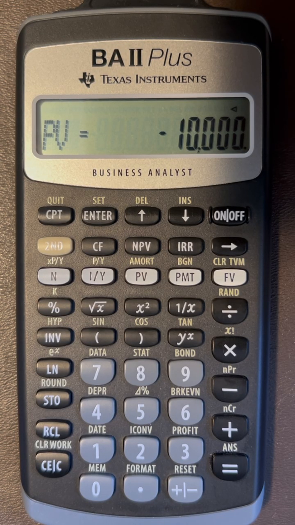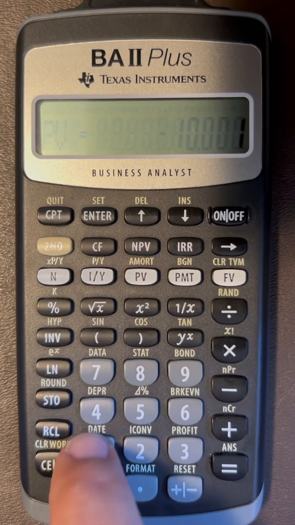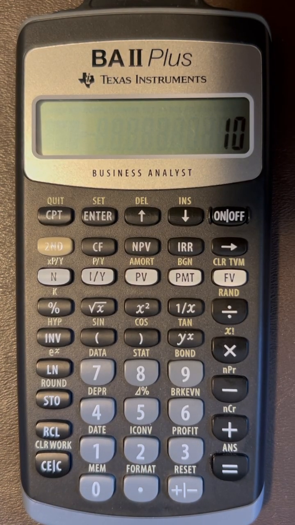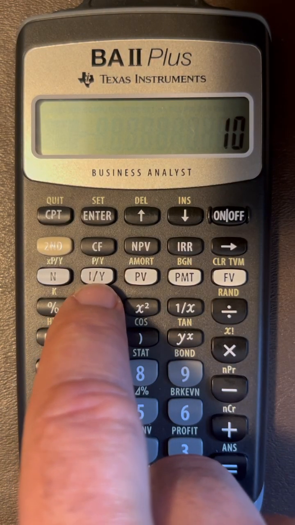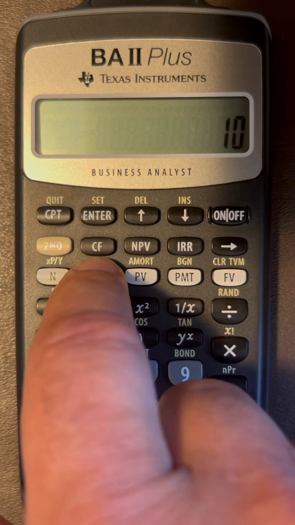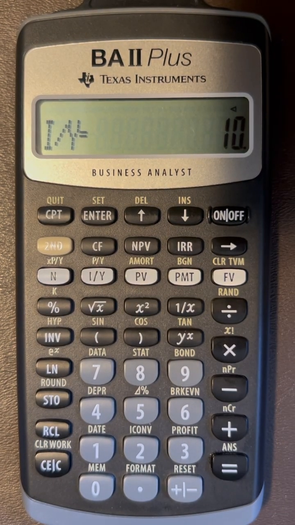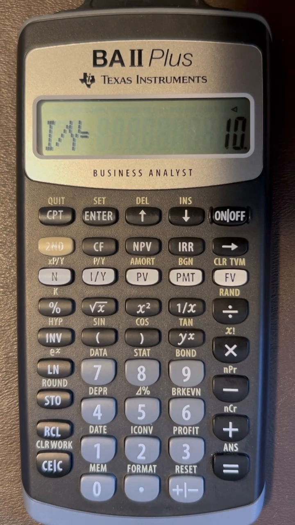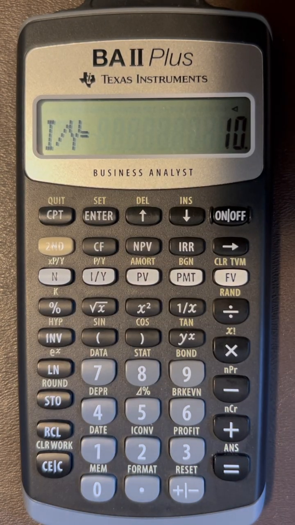Okay, the next thing we know is the interest rate's 10%. So I'm going to type in 10, and I'm going to hit the I/Y as the interest rate. Hit that, and you can see I/Y equals 10. Remember, on these financial calculators, you enter interest rates as the actual percentage.